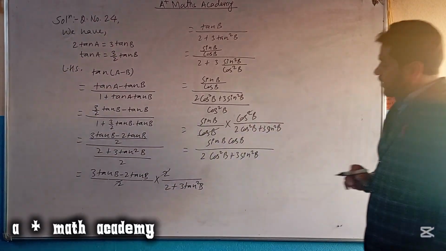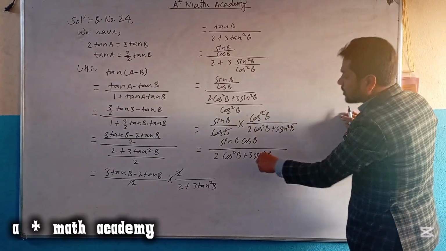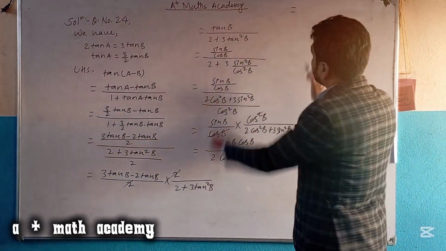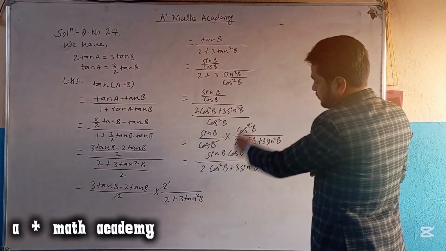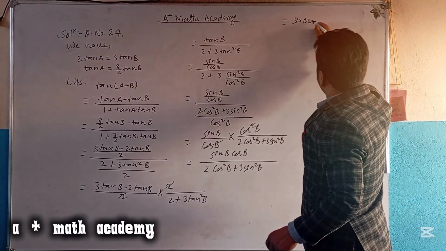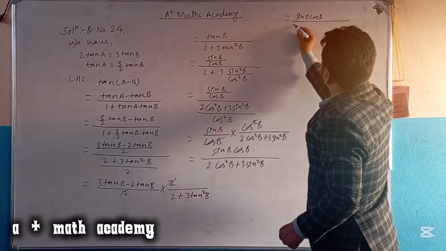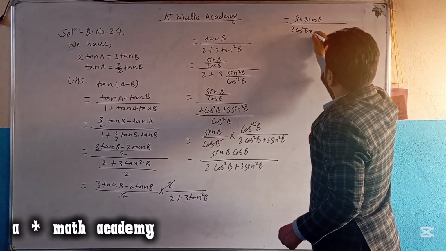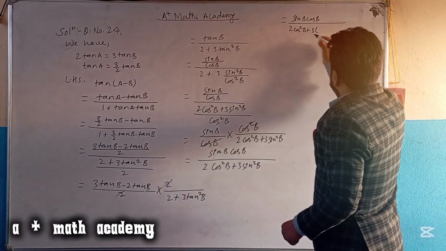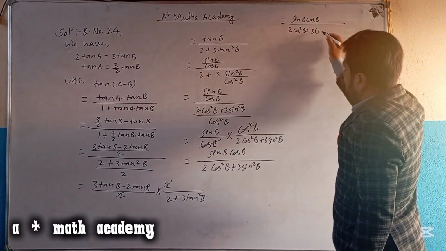And we have to change this into cos, so we change sin into cos. Again I write sin B cos B the same, and in the denominator 2 cos square B plus 3 sin square B, which we can change into cos square. How can we change?